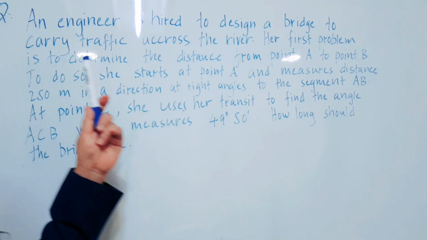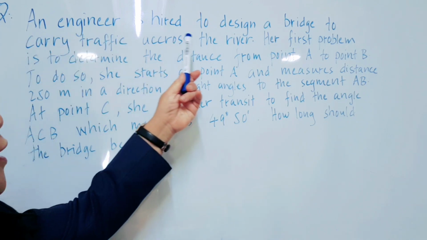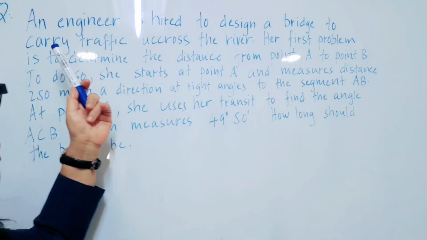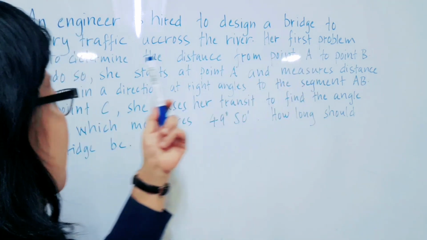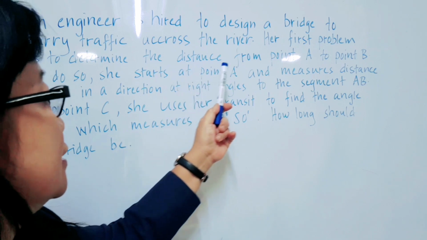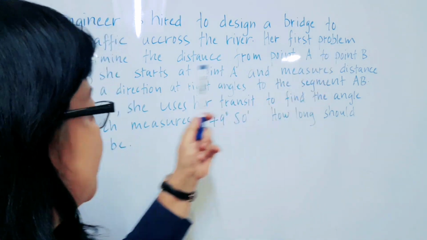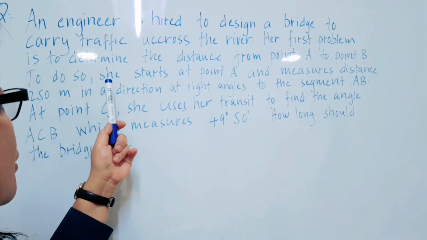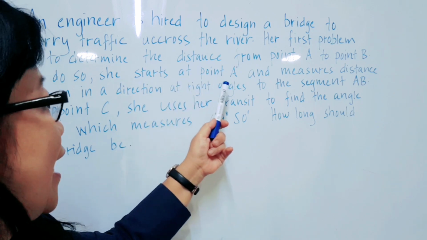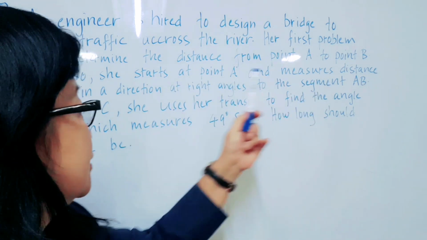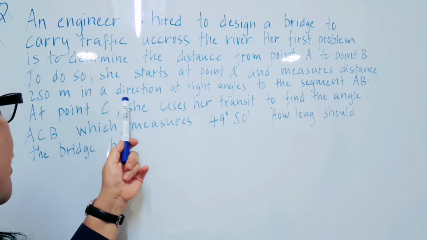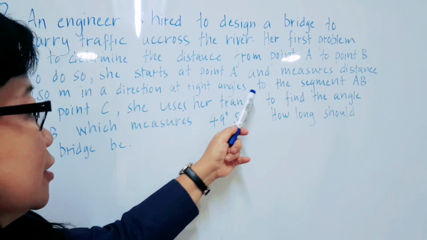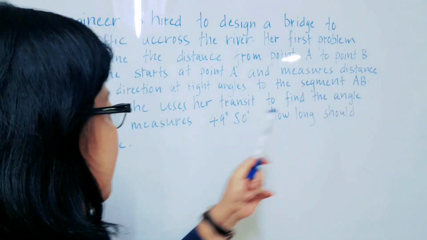Now our third question. An engineer is hired to design a bridge to carry traffic across the river. Her first problem is to determine the distance from point A to point B. To do so, she starts at point A and measures a distance 250 meters in a direction at right angles to the segment AB.